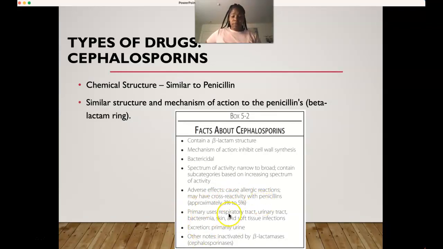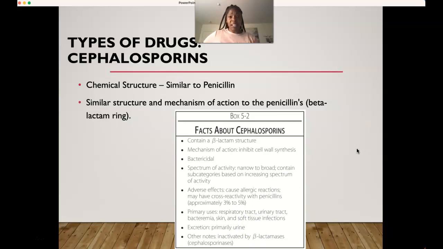And so the only thing that would be different is maybe what they're used to treat. So in general, when we have maybe a soft tissue systemic infection, your cephalosporins would be a really good drug to prescribe for your patient. And in terms of excretion, all of these are really going to be excreted through the actual urine itself. Otherwise, your cephalosporins are very similar to your penicillins.